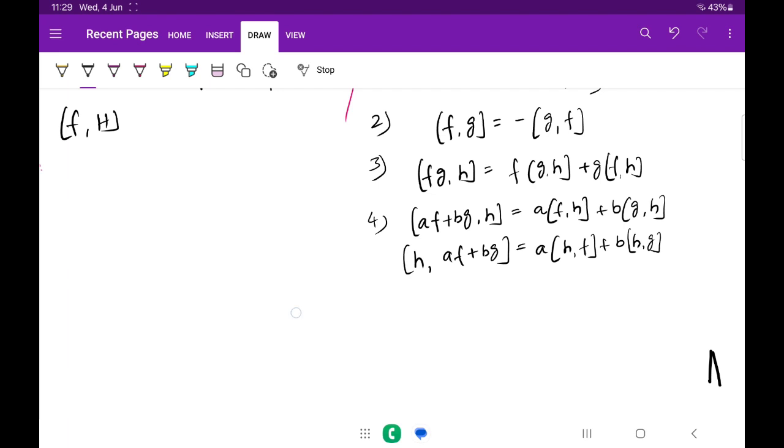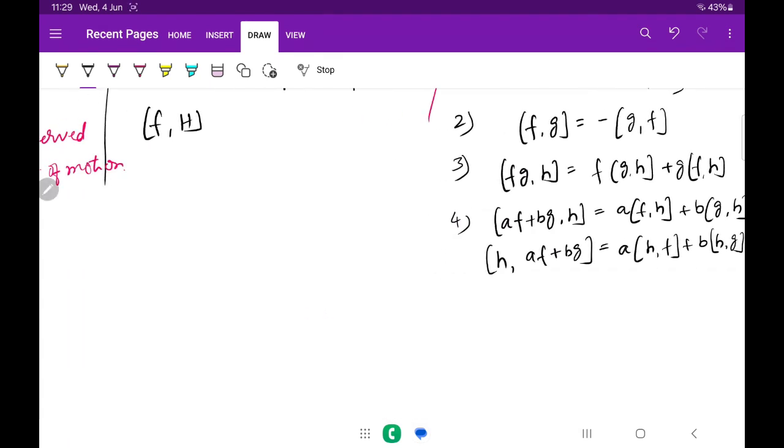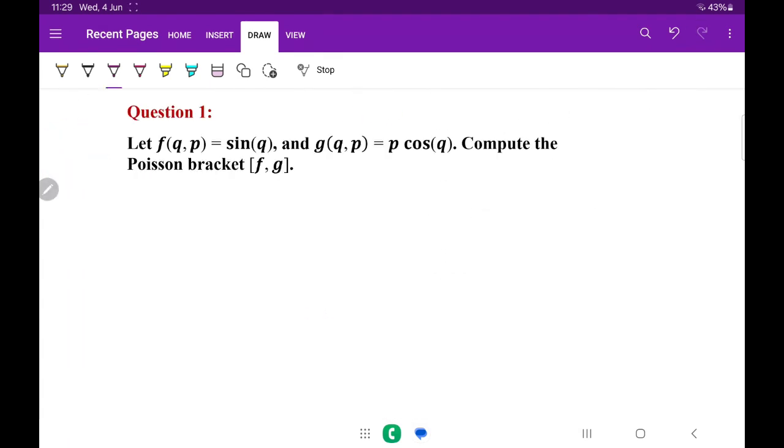So now let us see some problems. Now let's see the first problem. Let f(q, p) = sin q and g(q, p) = p cos q. Now compute the Poisson bracket. This is a very simple problem. We need to find the Poisson bracket.